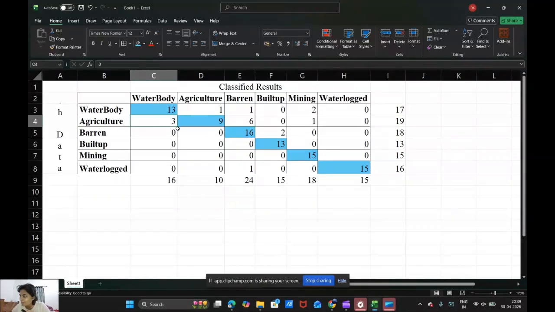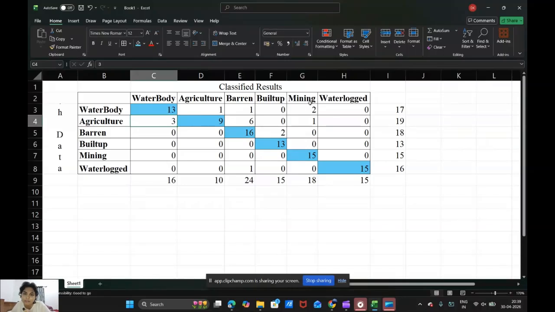Otherwise, it feels like only one is wrong, because 3 we have taken from some other. I hope you are understanding this. Tell me if you are understanding this. See, 4 I have gone wrong, but to counter them, I have 3 more. Actually, they belong to agriculture, but my results have misclassified them. So 3, 1, 2, 3, 4. That means one is in balance.